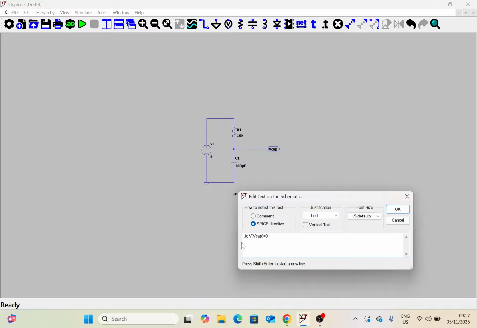So the way you do that is .ic V. The V here stands for voltage, and then you bring your bracket and then the name of that particular point where you want to set to 0. So .ic, initial conditions, voltage at V cap is equal to 0.